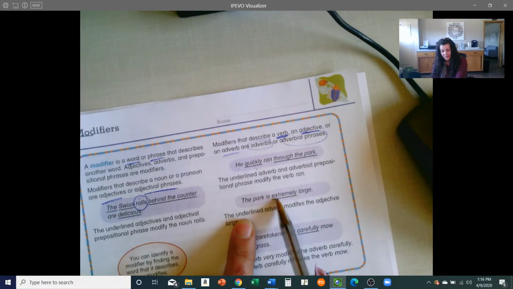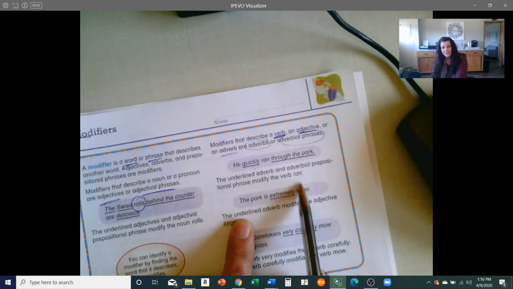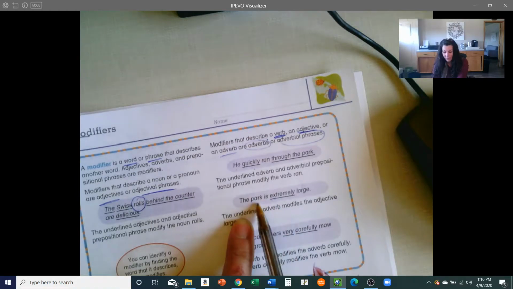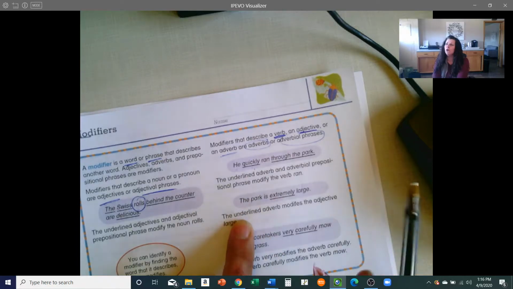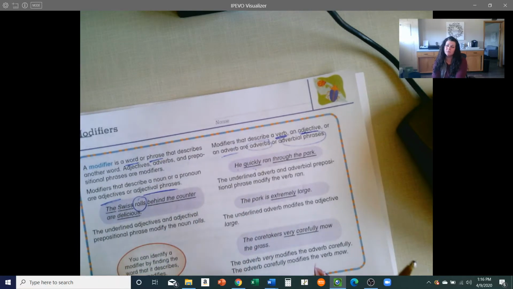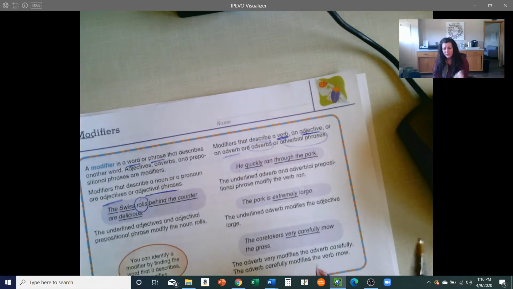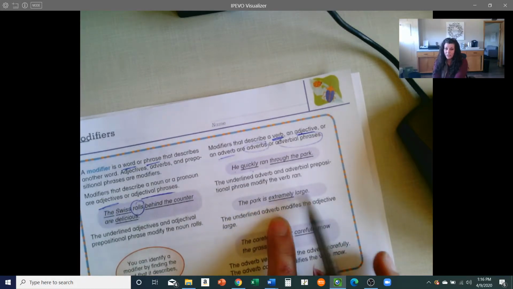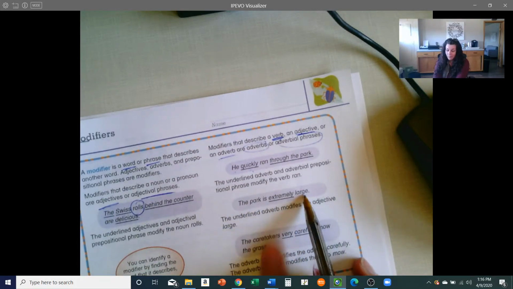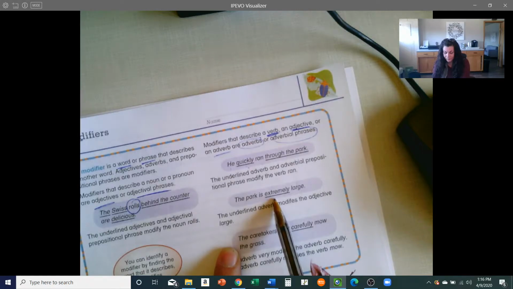Extremely tells us how large it is, the extent to which it is large. Because park can't be extremely. You can't say, how is that park? Oh, that park is extremely. Because somebody would say, extremely what? The extremely isn't describing the park, it's describing how large the park is. So that makes it an adverb.